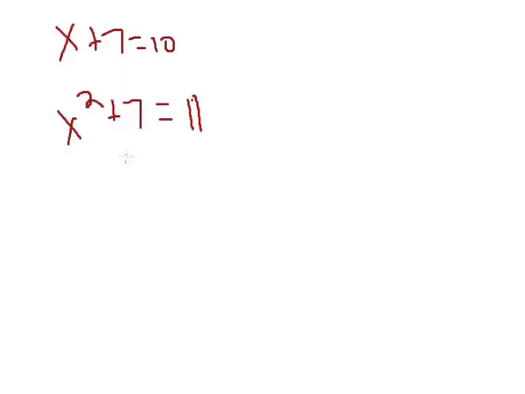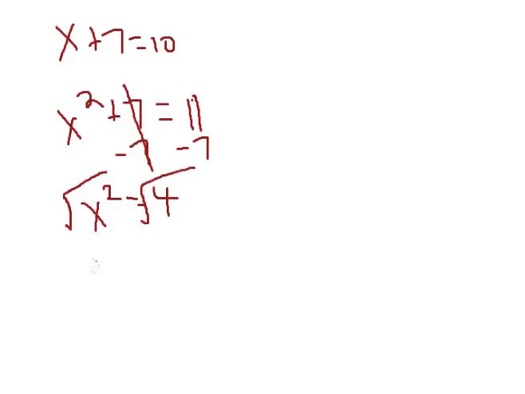Now, this is obviously a very simple one, but the first step is you need to isolate the x. So you can say negative 7, x squared equals 4, because you're subtracting 7 from 11. In order to get rid of the exponent, you can take the square root of x squared, which is plain old x. Once you do that to one side, you do it to the other side as well.